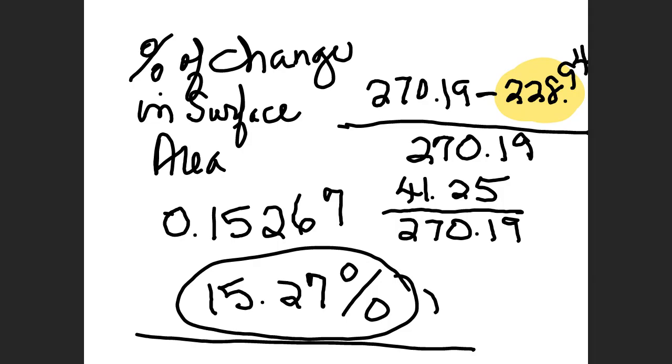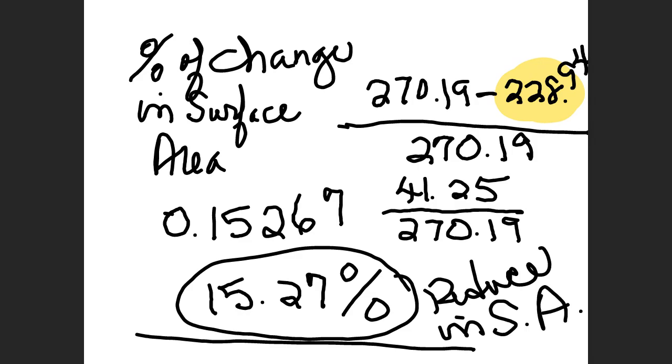This is my reduction in surface area. Now, as you see, these problems are long. It was only one. But it's old stuff with new stuff. You should be good with fractions.